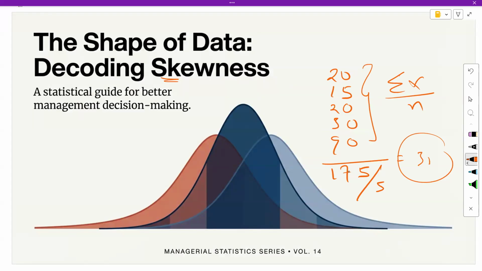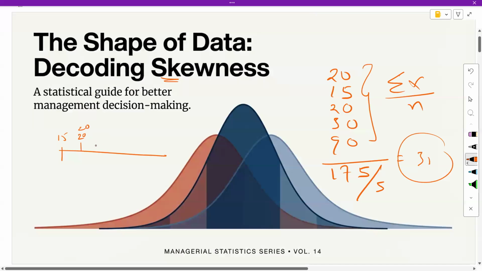Look here. If we draw these marks on a line: 15, 20, 20, 30, and 90. The central position is where? According to this, 35. This is the mean.